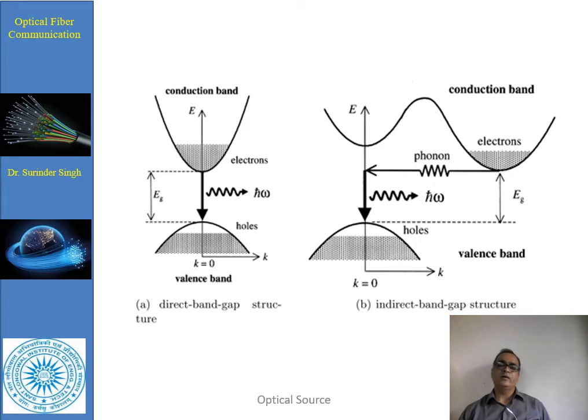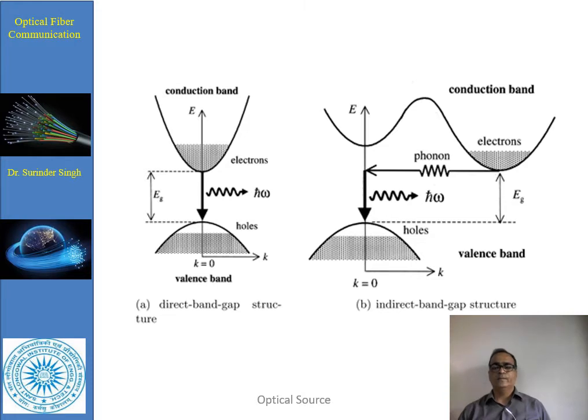Now in the reverse process, if we apply this amount of energy, the electron can be jumped from the ground state to the excited state. Both things are possible in the case of direct band gap materials. So in this case, the momentum of the system is conserved.